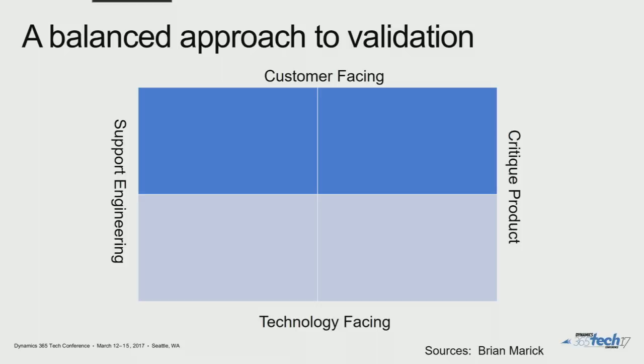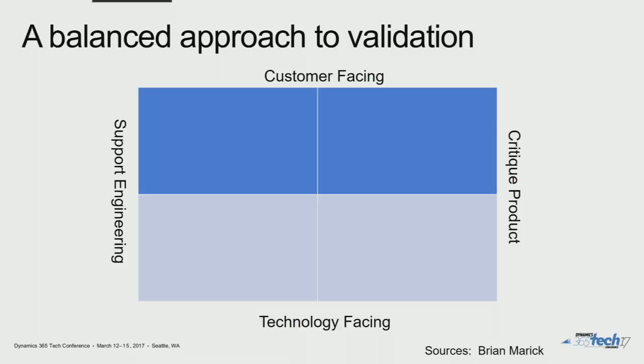You're either supporting your engineering efforts, which is helping move the product forward with confidence, but then there's another part of it that's about critiquing the product and making sure the customer is getting what the customer expected. So you can think about it a little bit like requirements and the design process and development process. And then there's kind of a terminology thing. You either have technology-facing terminology in your test, or you have customer-facing terminology in your test.